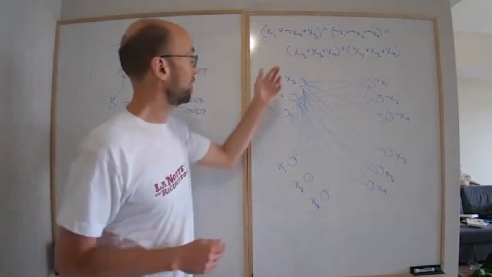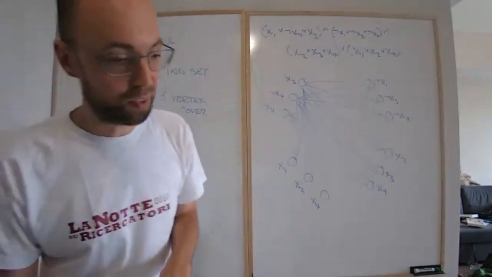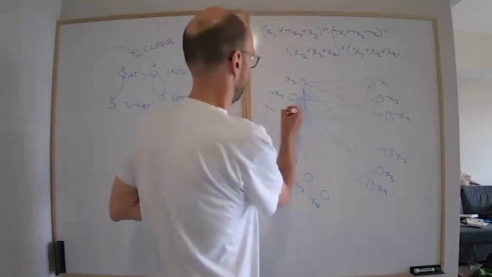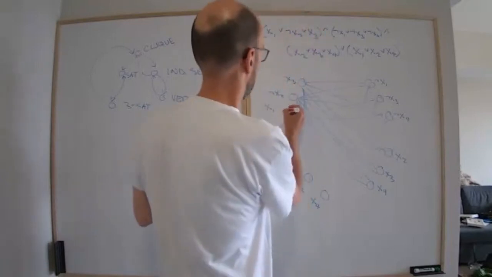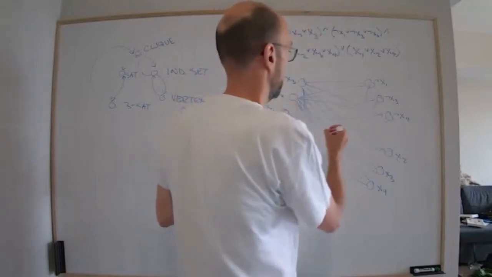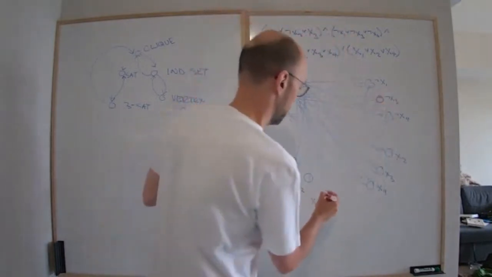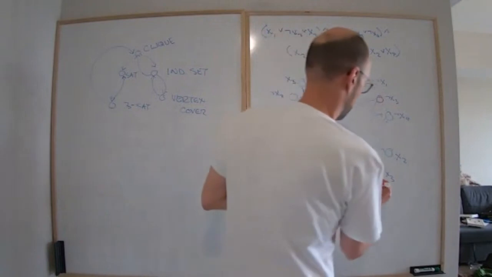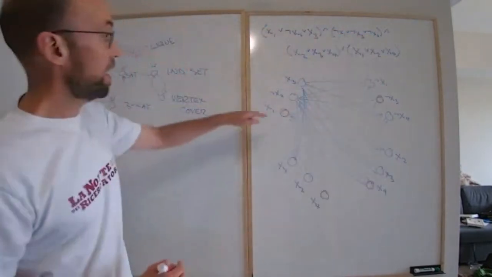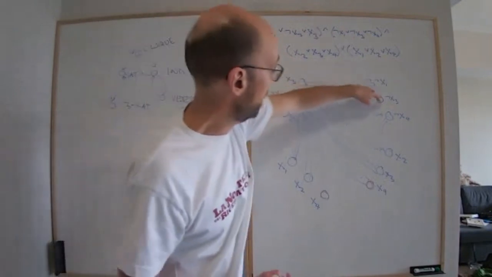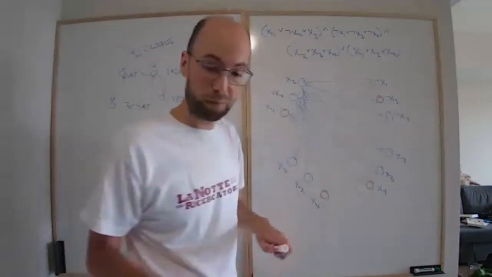Here it's going to turn out that if I do, for example, x1, and not x3, and x4, I can have x1, not x3, x4.